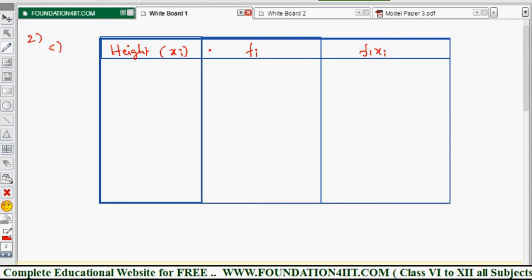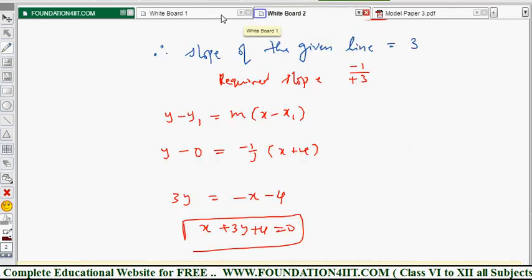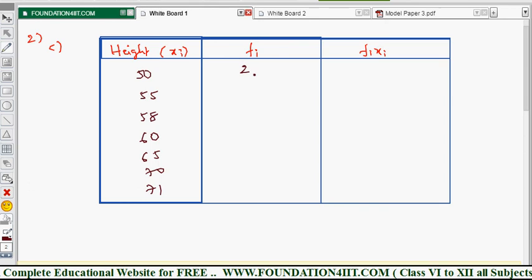We should multiply. The heights in centimeters given are 50, 55, 58, 60, 65, 70, 71. And the number of plants, this is the frequency: 2, 4, 10, then the missing one which I am taking as f, and 5, 4, 3.